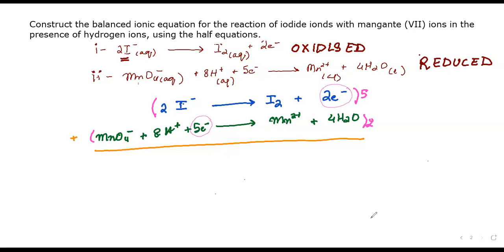So what are we going to do? On the left-hand side, we start adding everything up. So we have MnO4, and then we have 8 hydrogen ions, and then we have 2 iodide ions. I'm writing it without the multiplication.